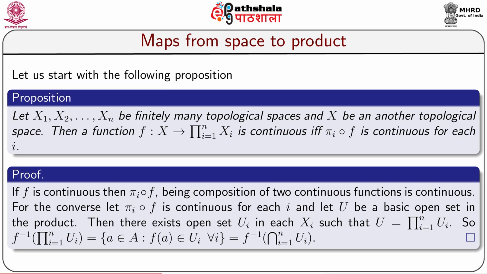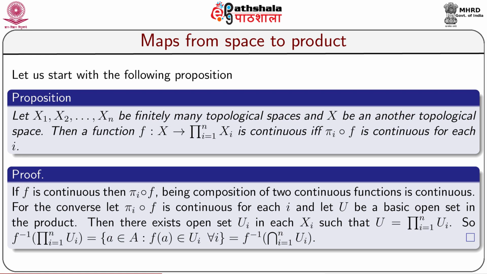For the proof, if f is continuous, it is clear that pi_i composition f is continuous for each i. For the converse, let pi_i composition f be continuous for each i, and let U be an open set in the product.